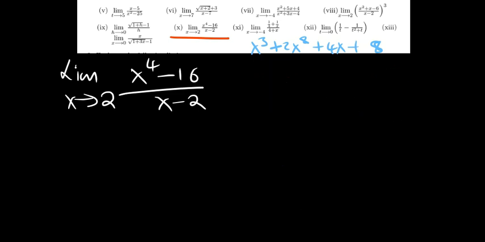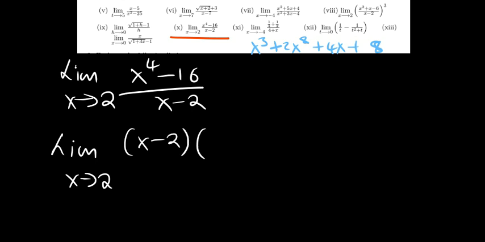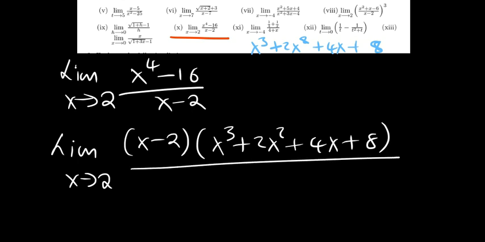So what we have is the limit as x approaches 2. For the top part, after dividing by x minus 2, we are getting x to the power 3 plus 2x squared plus 4x plus 8. And for sure, if you multiply by the x minus 2, you are basically going to end up with what we had. So at this point, this is now able to divide, and we can just plug in a 2 for the remaining part.